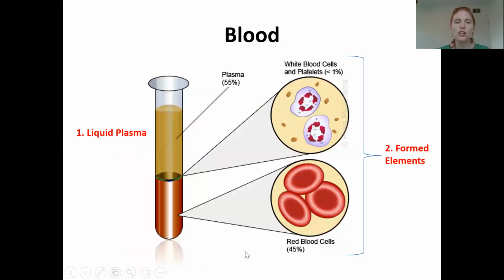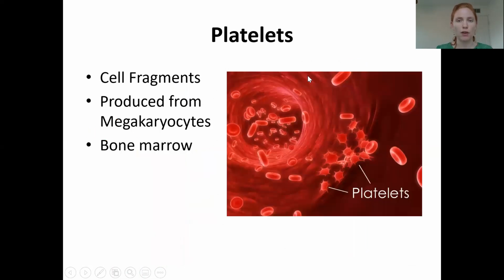Okay, so which component of the blood is going to be involved in blood clotting? That would be the platelets, also known as thrombocytes, by the way. The platelets are actually cell fragments, and they're formed in the bone marrow along with all of the other blood cells.